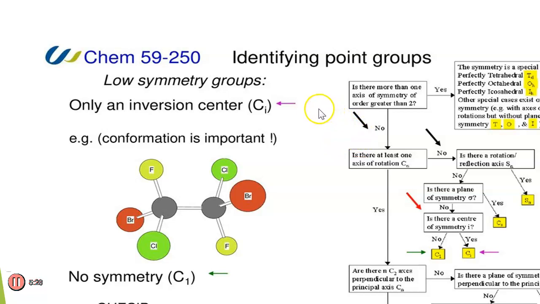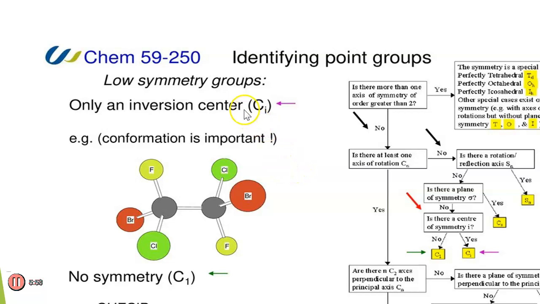If it does not, then check whether it has a plane of symmetry sigma. If it has a sigma plane, then the point group will be Cs. If it does not, then check whether it contains a center of inversion i. If it does, then the point group will be Ci. And if it does not contain a center of inversion, then the point group will be C1.